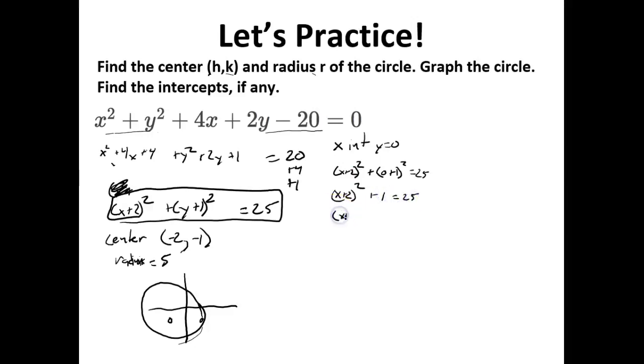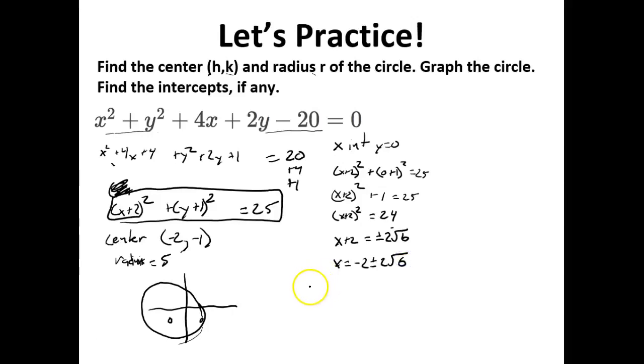So (x + 2)² is going to equal 24. Square root this. We'd have x + 2 = ±√24, which we are going to get as 2√6. If you need to do a little work off to the side of your paper, you can. So we get x = -2 ± 2√6.